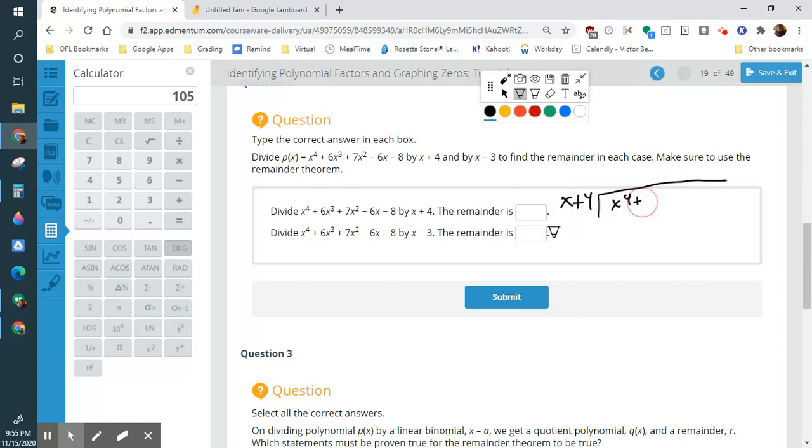x to the 4th plus 6x, and I guarantee you guys are going to get plenty of practice doing synthetic division because it is my preferred way to find remainders. This is going to be x cubed, so we get x to the 4th plus 4x cubed. Subtract that out. This becomes negative, making this 2x cubed. Bring down the 7x squared. We're going to make this 2x squared. And you can see what I mean by I line them up.